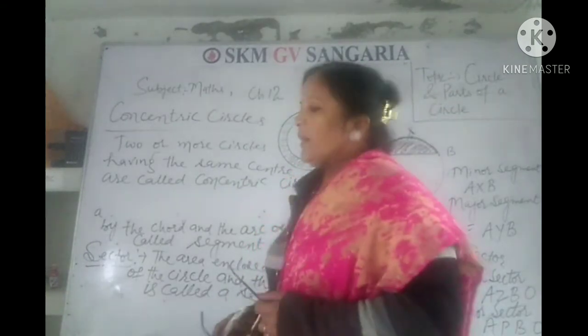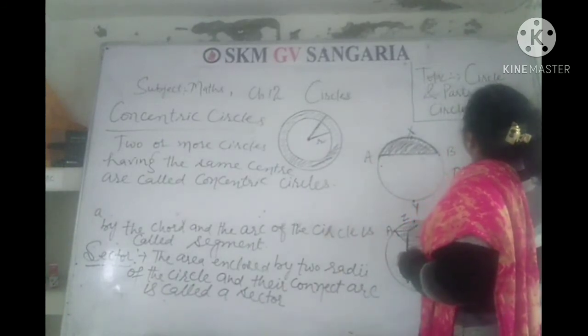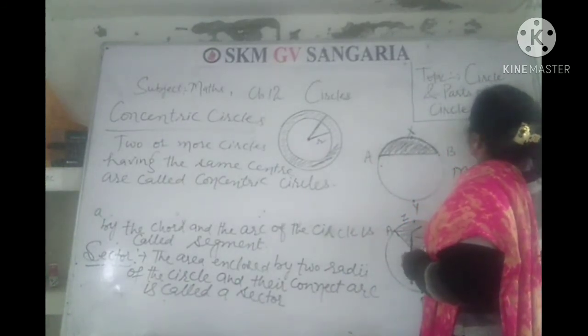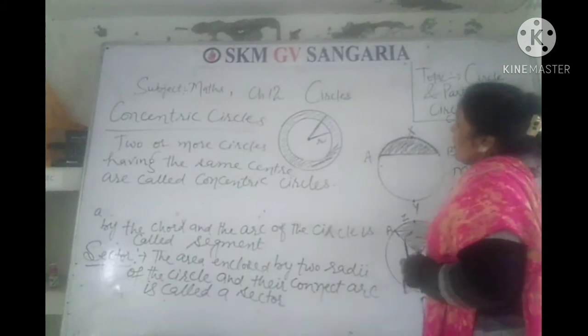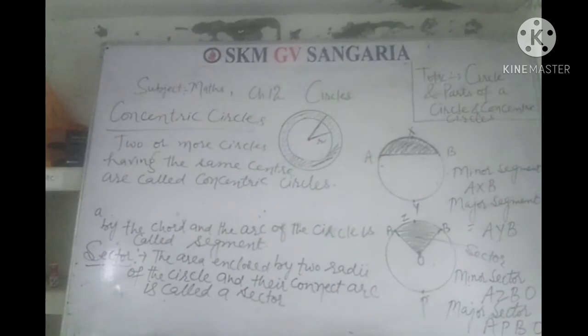So this is about parts of circles and concentric circles. You will complete your work of exercise 12.2. Here you will have to name the chords of the circle by looking at the figure, naming major and minor arcs and major and minor sectors.